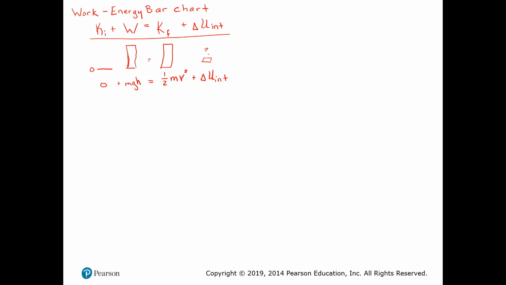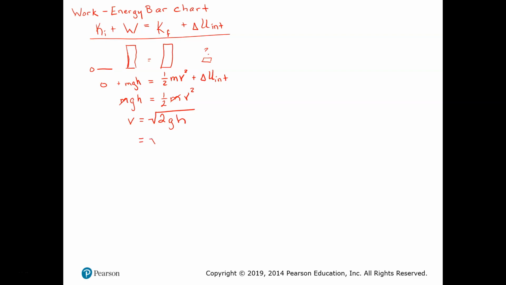Okay, so here we go. We've got the mass of the cart times g times h. Now, if this internal energy is 0, if this was all perfect, this is going to equal 1/2 mv squared. So I don't need to know the mass of the cart. That tells me that my velocity should ideally be the square root of 2gh.